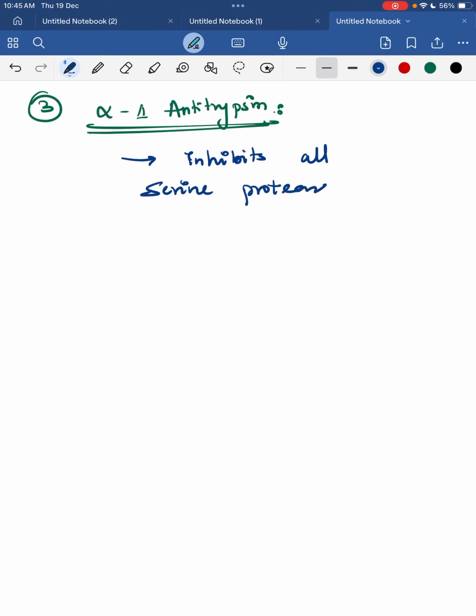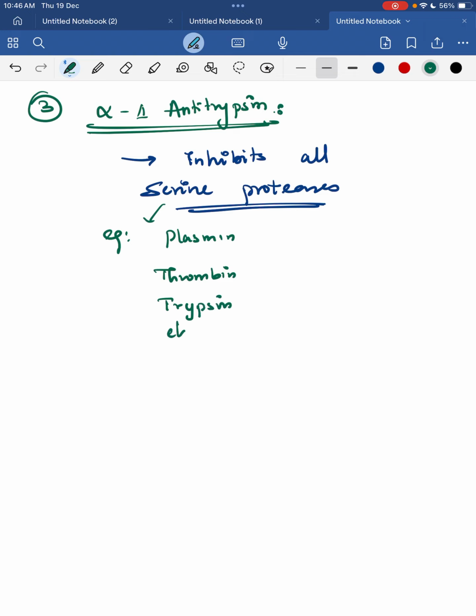For example, your serine proteases are plasmin, thrombin, trypsin, chymotrypsin, and your elastase. These are examples of serine proteases. This alpha-1 antitrypsin is also synthesized in your liver.